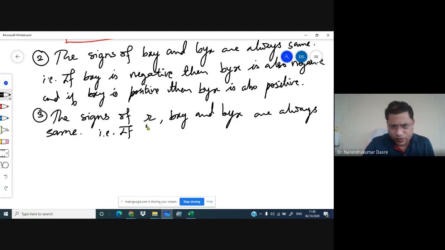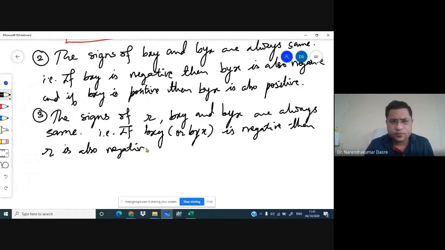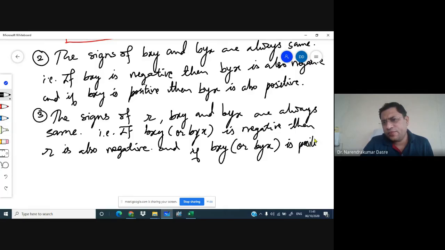That is, if bxy or byx is negative, then r is also negative, and if bxy or byx is positive, then r is also positive.